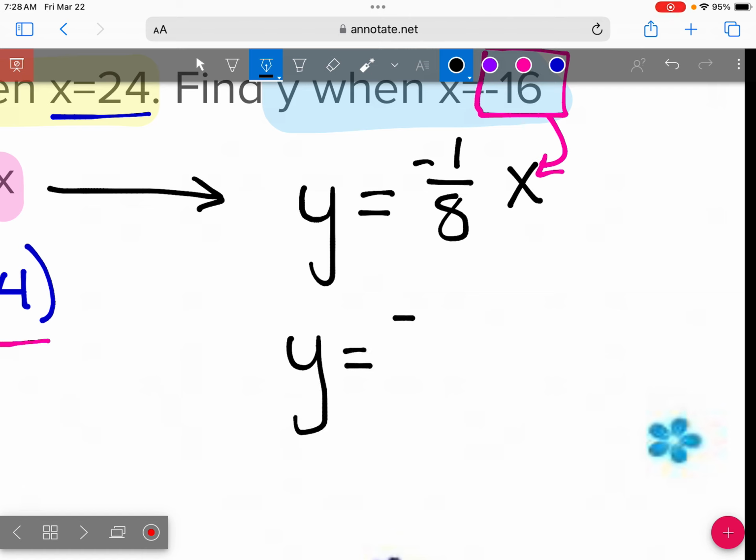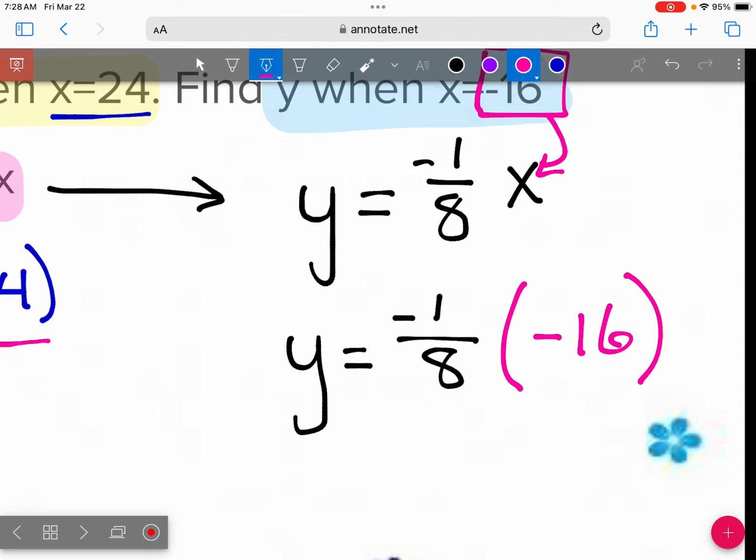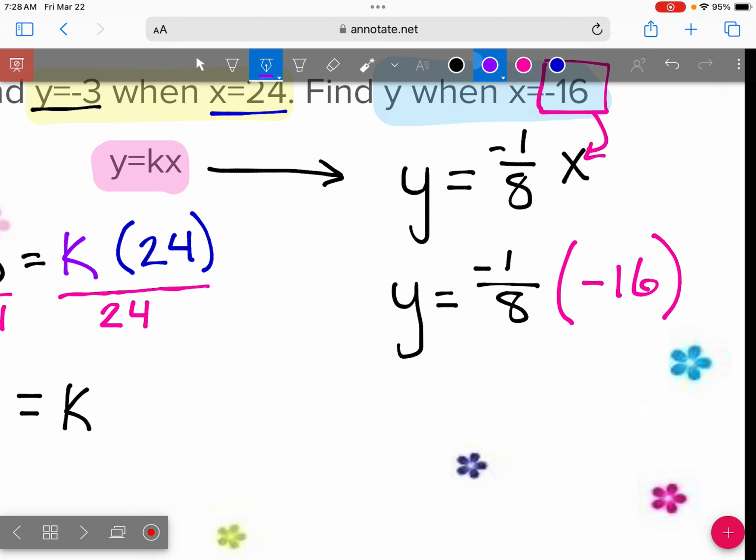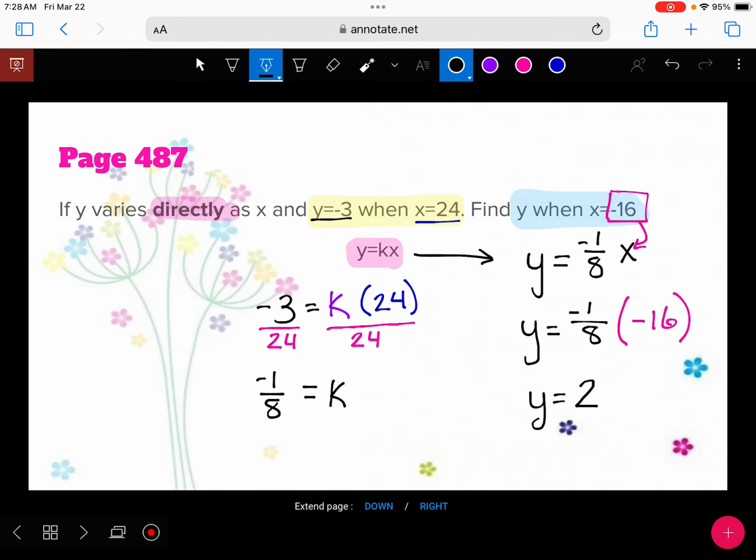So we're going to have our y equals negative 1/8 times negative 16. Negative times a negative is a positive. So 16 divided by 8 is going to be 2.